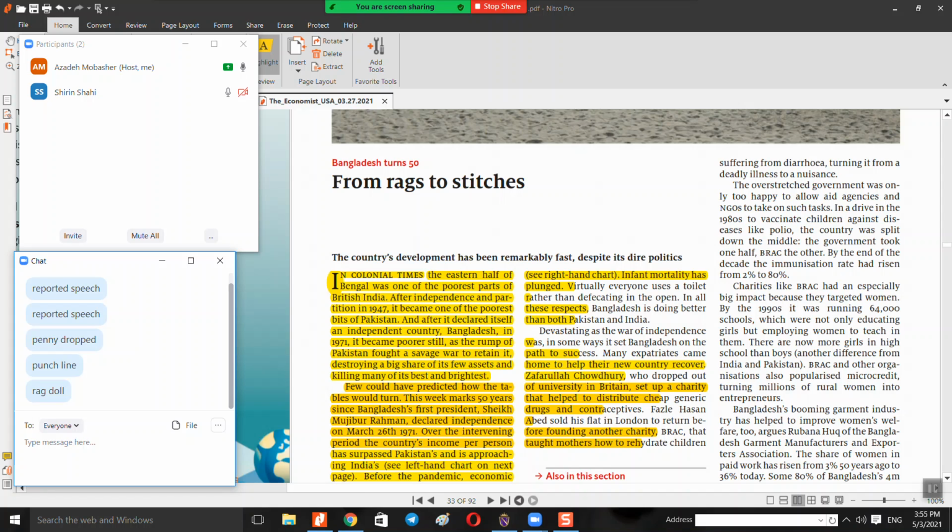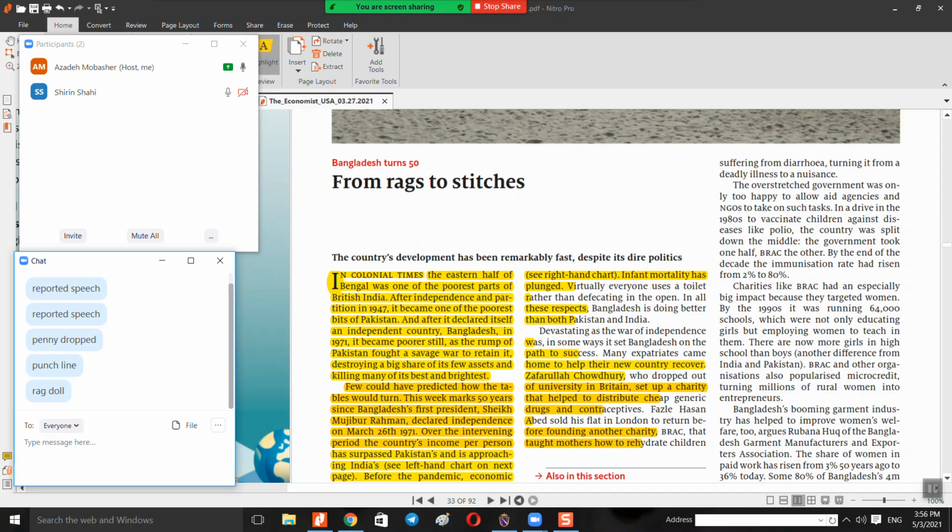With a piece of cloth. Yeah, or rags. Those pieces of cloths were called rags. Rags. All right, now, from rags to stitches, this must remind you of an expression in English.